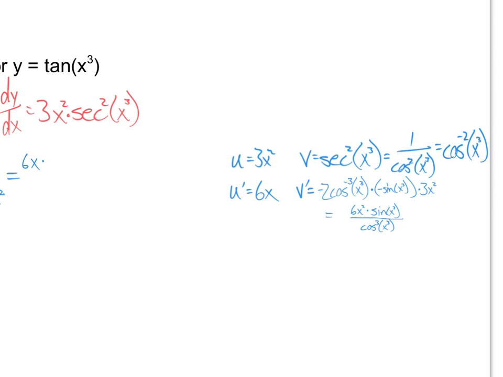So this times 1 over cosine squared of x cubed, that's my u prime v. Plus u, 3x squared, times v prime. Well, we know v prime is 6x squared times sine of x cubed over cosine cubed of x cubed.